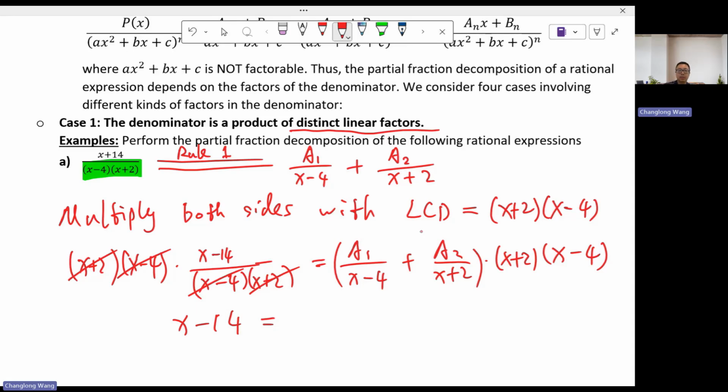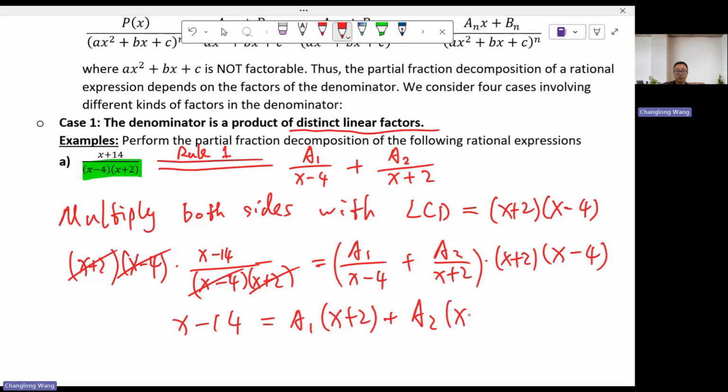If it hits the first fraction, do you see that the denominator x minus 4 gets crossed out? You're left with only a1 times x plus 2, the factor that survived. Now the second fraction becomes a sub 2, but instead of x minus 4 getting crossed out, it is now x plus 2 that gets crossed out.